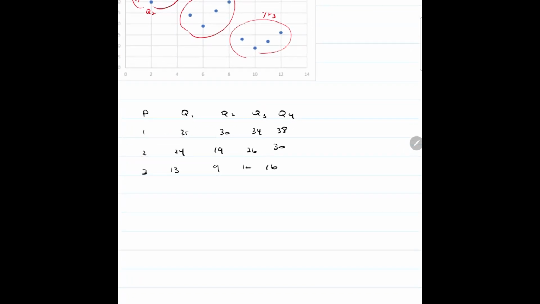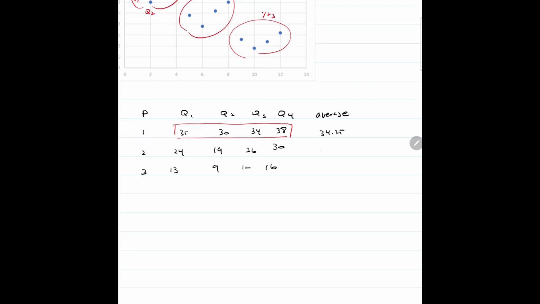So first thing we need to find is the average. So average of this 4, it's going to be 35, 25. This one 24.75 and 12.50.